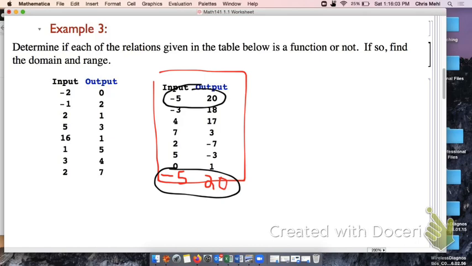So when you look at one of these tables, as long as the inputs do not repeat, it will automatically be a function, because each input technically only appears once and has only one output. Even if an input was repeated, if the output is not different, it would still be a function. So relation 2 is a function.